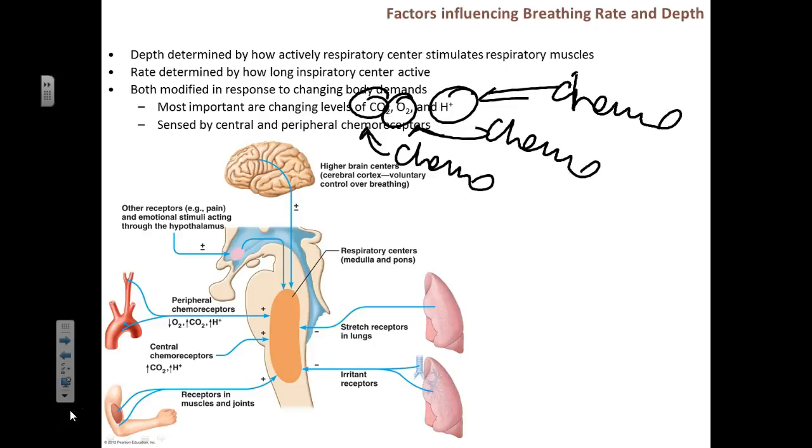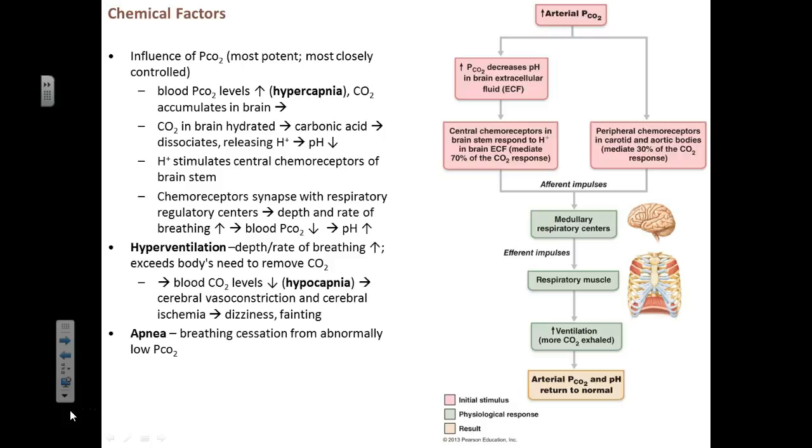Does that make sense? Changing levels of those chemicals in the tissues allow you to modify your breathing pattern. The most potent factor here is carbon dioxide.